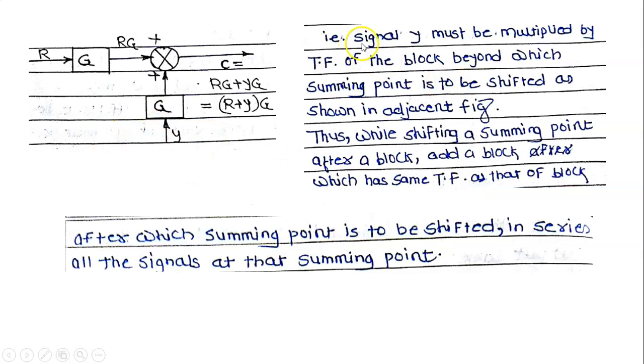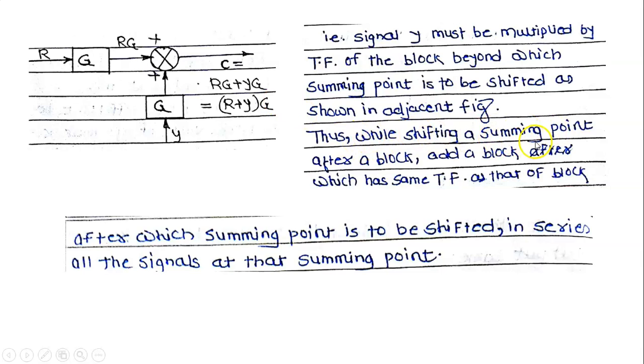That is, signal Y must be multiplied by a transfer function of the block beyond which summing point is to be shifted, as shown in adjacent diagram. That is, see that we have added here same block having the value of the same block in the signal Y. Therefore C is equal to RG plus YG.